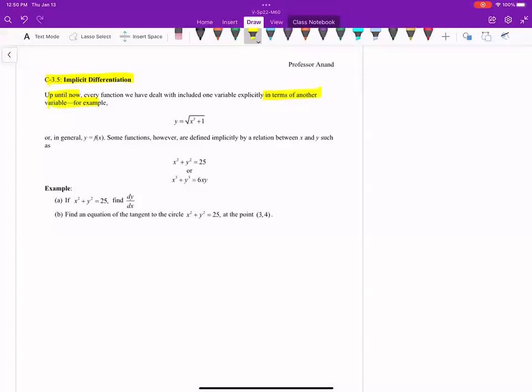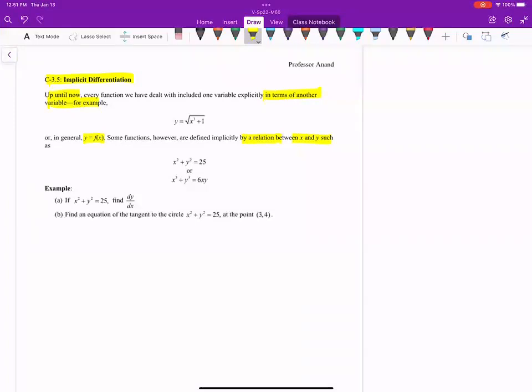So we isolated the y to write y as the square root of x cube plus 1. In general, y equal to f of x. Some functions, however, are defined implicitly by a relation between x and y, such as x square plus y square equal to 25, or x cube plus y cube equal to 6xy.